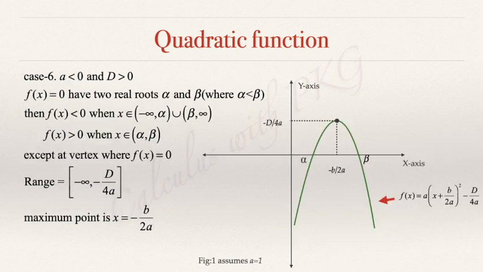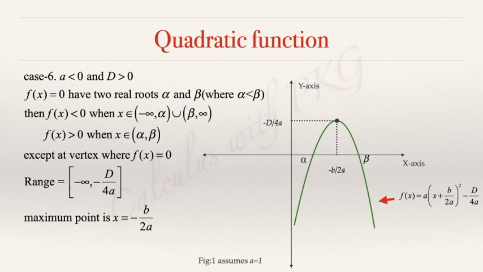Similarly, for case 6, I have chosen a less than 0 and d greater than 0. So here you can see in the graph the point minus d by 4a becomes a positive number. Why?